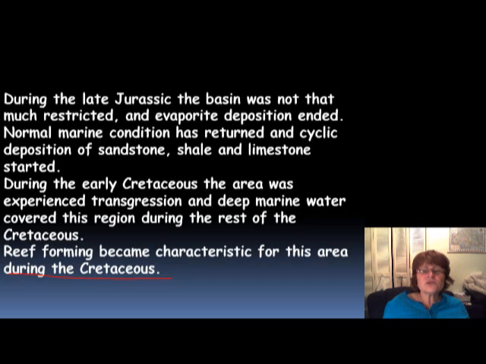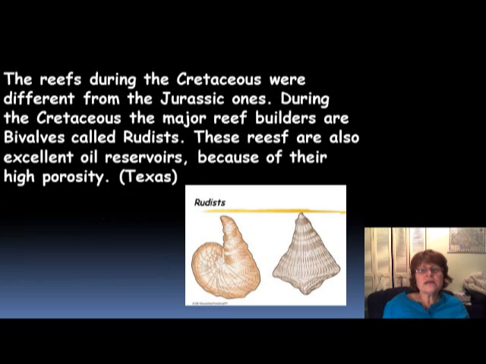Now during the early Cretaceous, the typical corals of the Mesozoic, the scleractinian corals or hexacorals, died out in this region, and they got replaced by mollusks, clams.